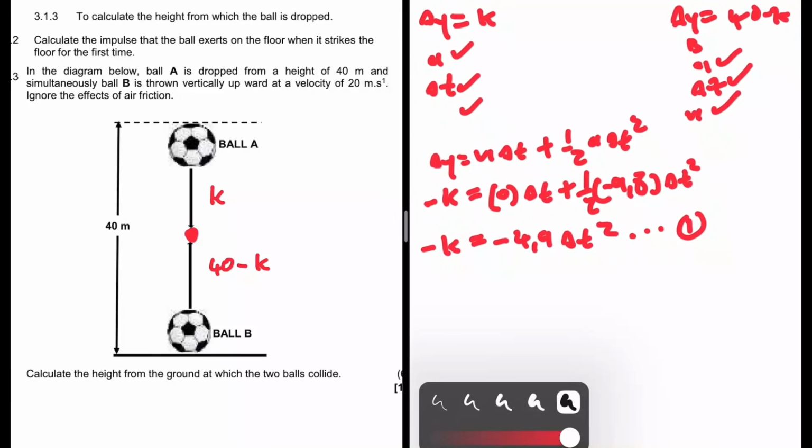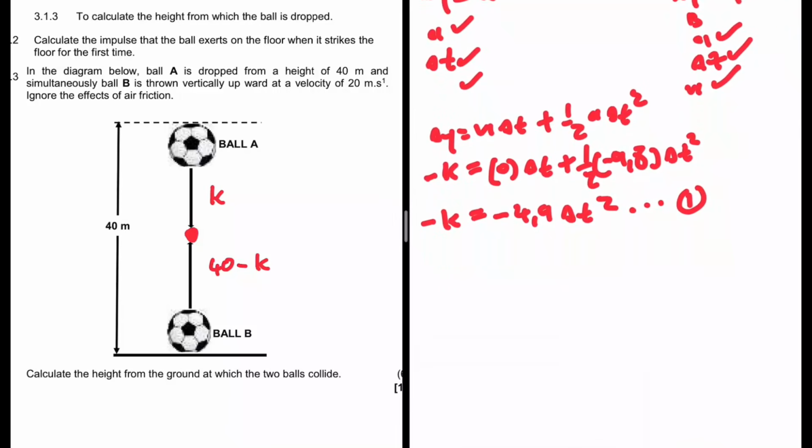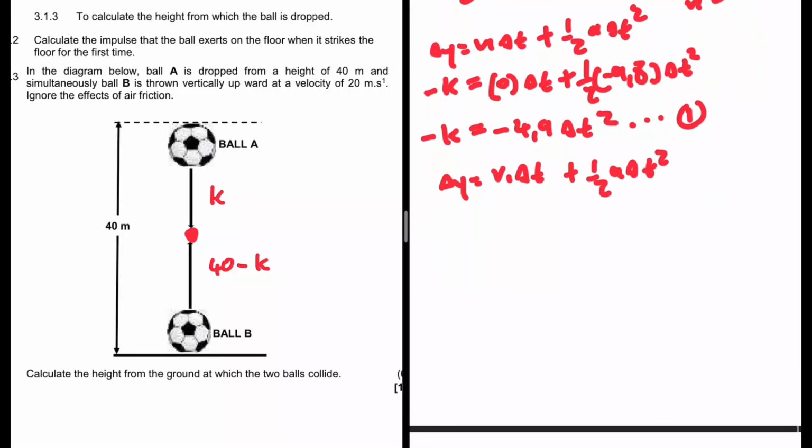And then for ball B, let me just copy down the equation for the faint-hearted ones. Vi delta t plus a half acceleration delta t squared. So the displacement will be, it is going upwards, right? And then we're taking up as positive. So that is just going to be 40 minus k. That equals Vi. It is thrown vertically upwards with the initial velocity of 20.